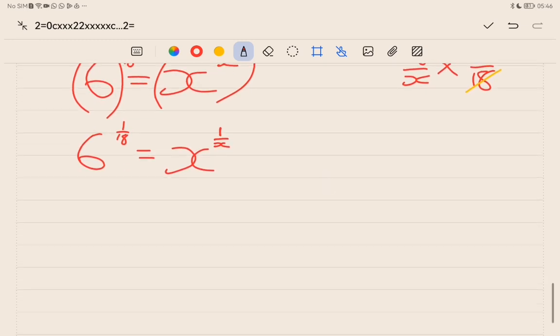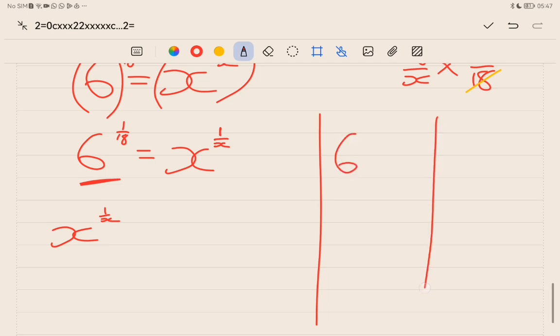Now we must make sure that the left hand side is in the form x to the exponent 1 over x, meaning that this base here must be the same as this. So how can we really know? Let me write 6 here, then write on the right 1 over 18.